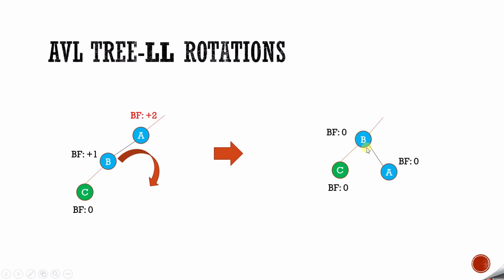The left child becomes the root of that subtree, and the actual root, the node that initially attained the imbalance, that is, whose balance factor became +2, is going to become the right subtree of that node, and the new node is going to remain as the left subtree of that particular node. So this is how LL rotation is going to look. We are going to see algorithmically how we are going to implement it.